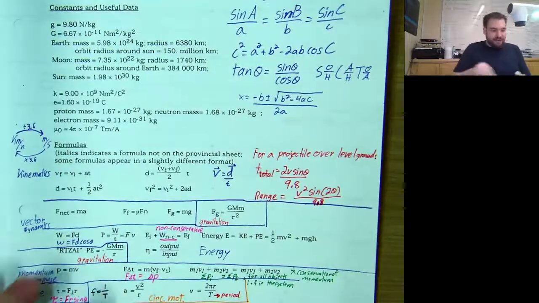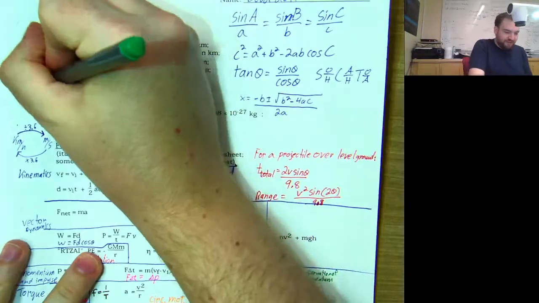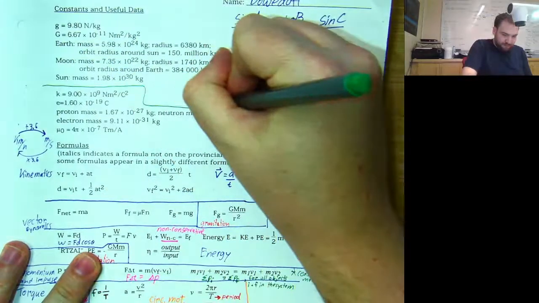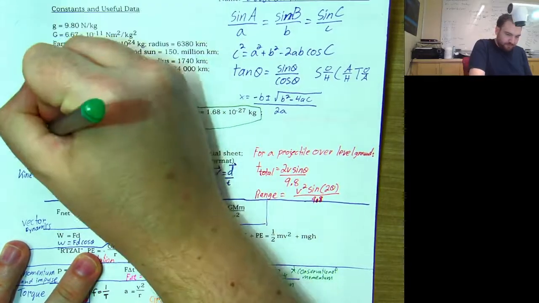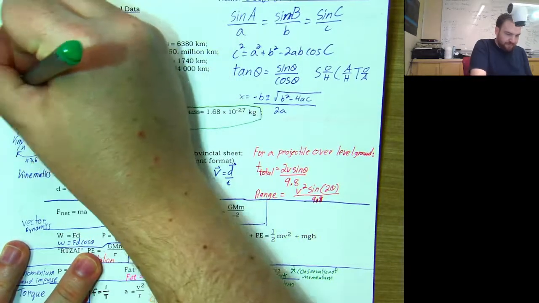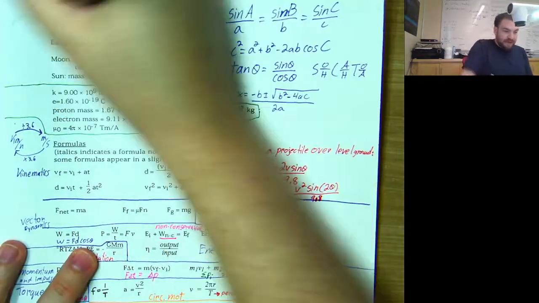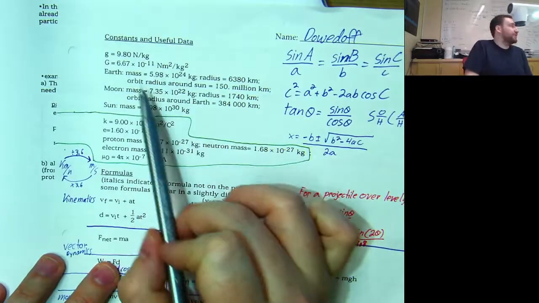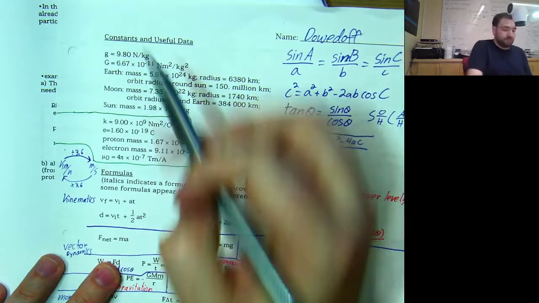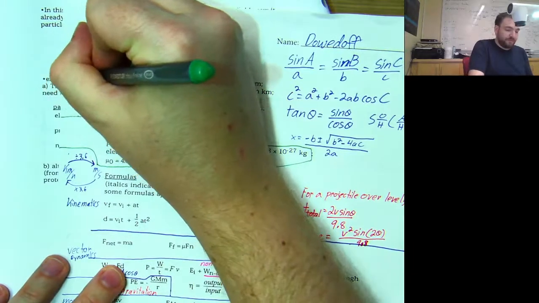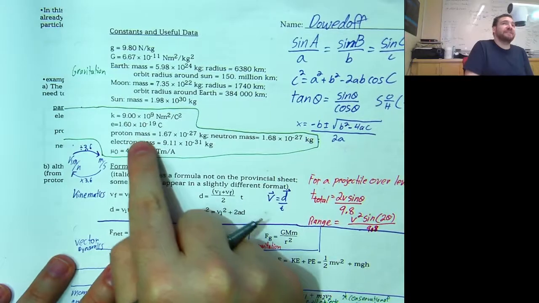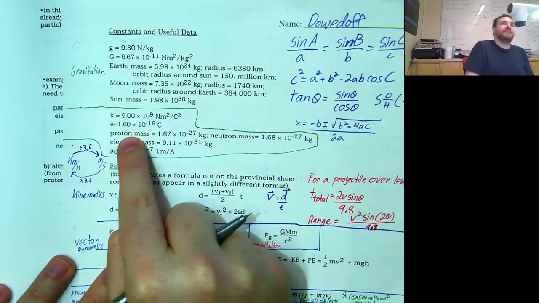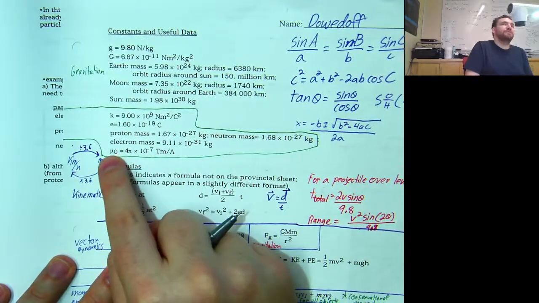I'm going to box this off. All of this stuff up here are your constants necessary for gravitation. This box that I have isolated: Ke, proton mass, neutron mass, electron mass, and mu sub 0.